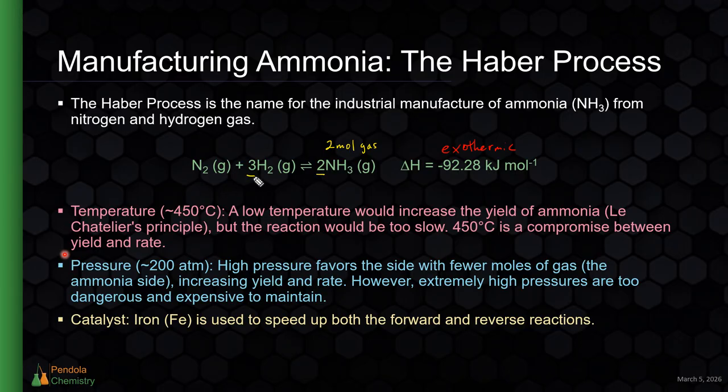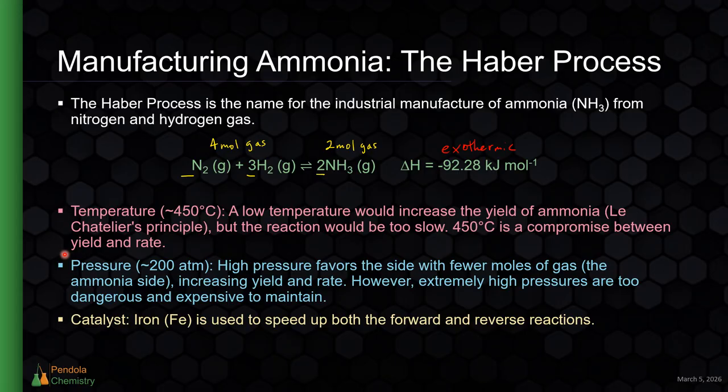But the reactant side has 3 moles of hydrogen and 1 mole of nitrogen, making the reactants have 4 moles of gas. Remember that high pressures are going to benefit the side of the reaction with a lower number of moles of gas. So making the pressure high would push the reaction towards the right, towards ammonia.